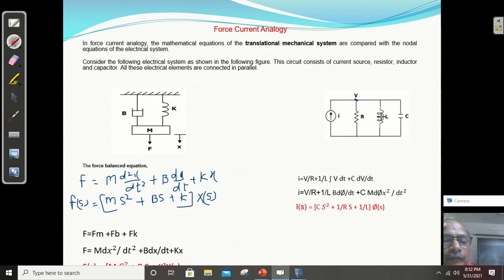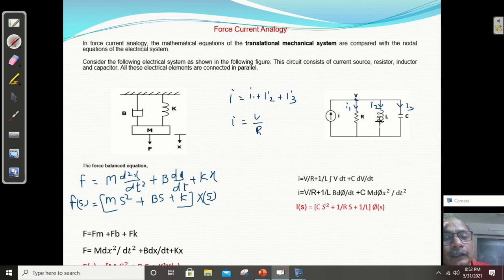So let us say R, L or C are connected in parallel. So total current I, let us say current here is I1, here it is I2, here is I3. So we can say I equal to I1 plus I2 plus I3. I1 equal to what will it be? V by R.